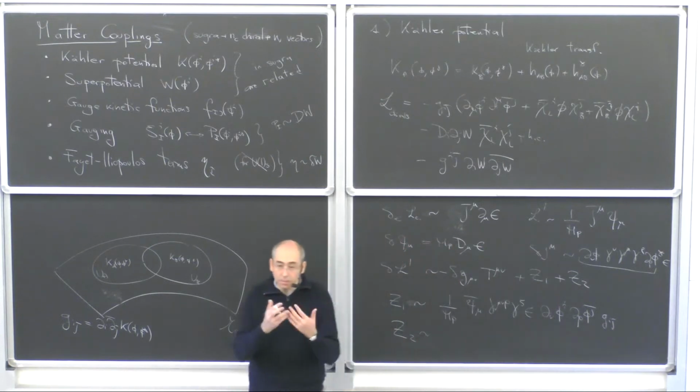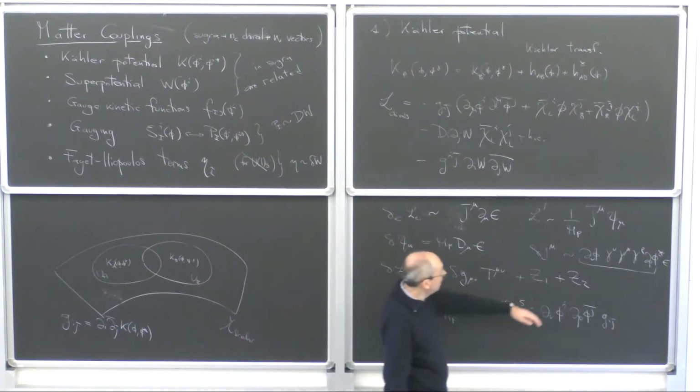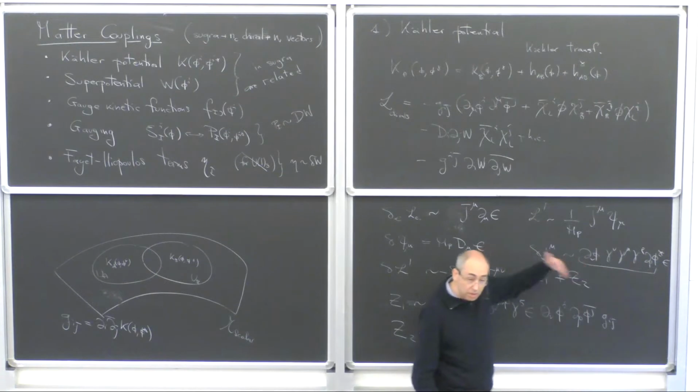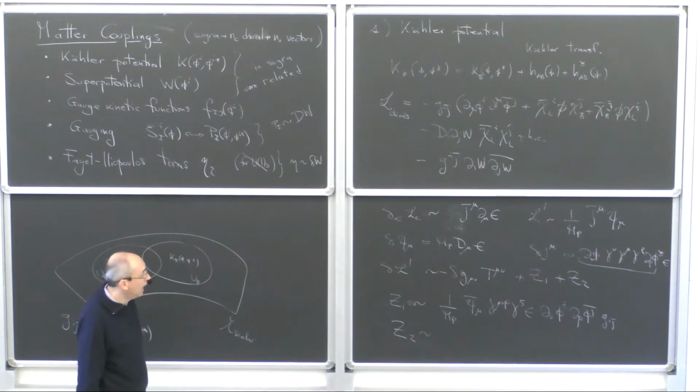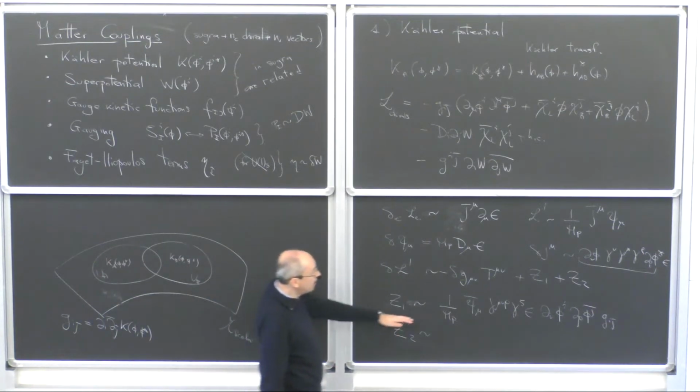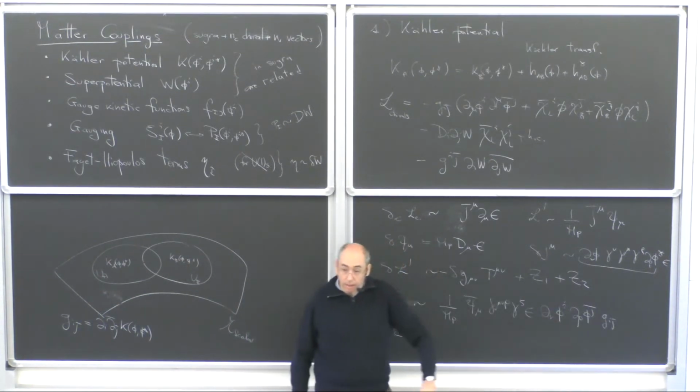Here I was looking at a single scalar, when I wrote down the example in the first lecture when I discussed the Wess-Zumino action for a single chiral field. Now I have a number of them, so this is what I'm going to have.